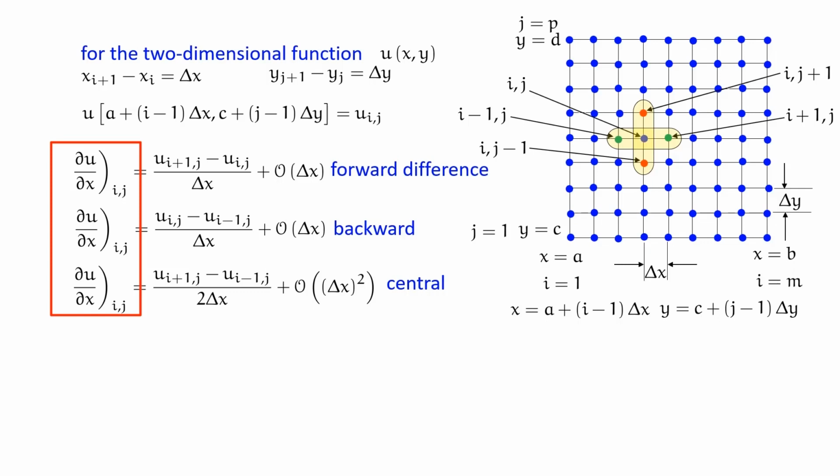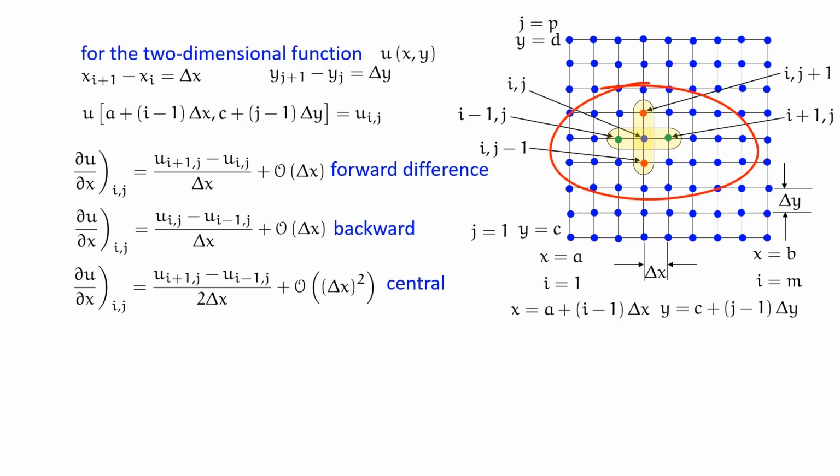Here you can see that this yellow portion is what we call our stencil. This stencil will be useful for finding derivatives. We know in which region we can get the points that are required for the derivatives. The midpoint is ij.